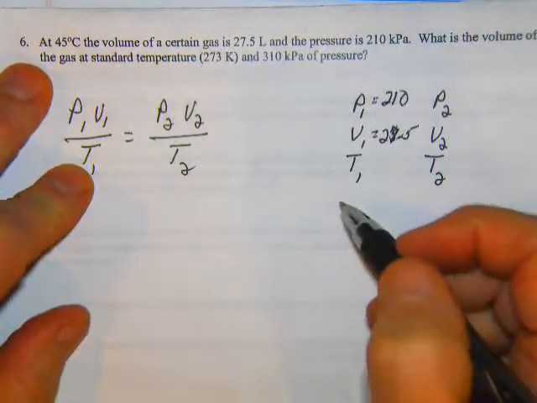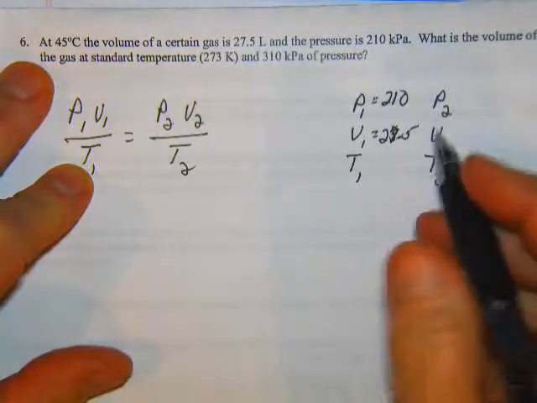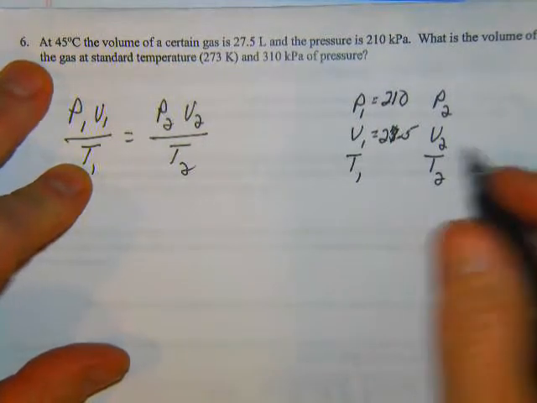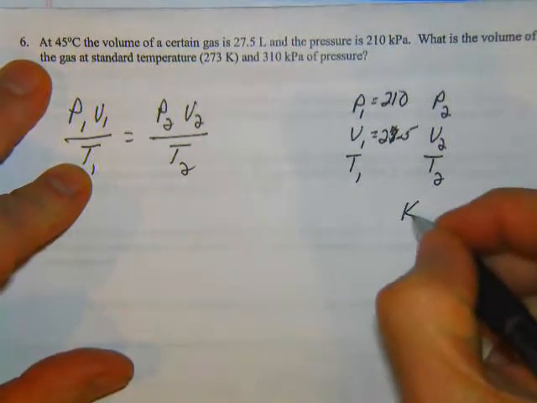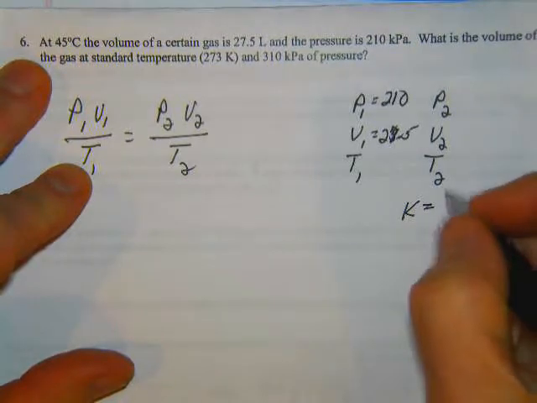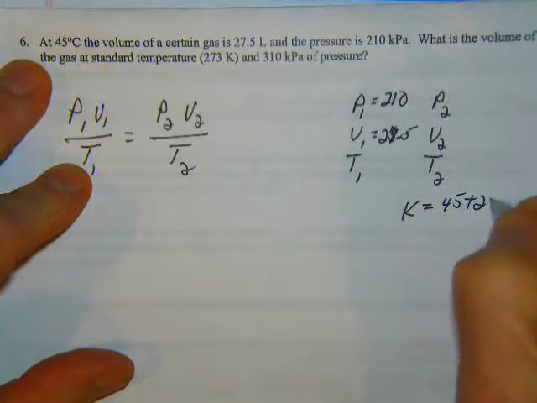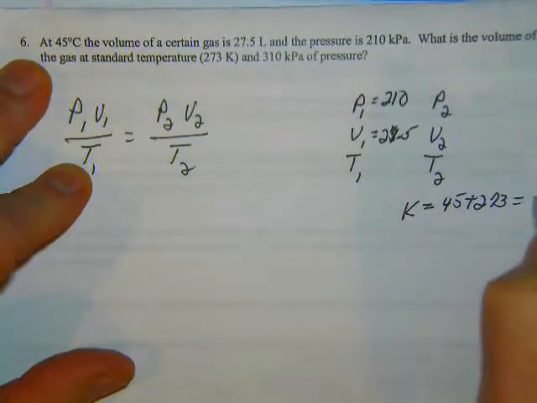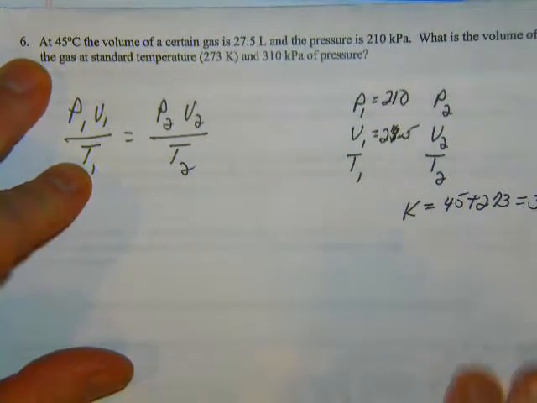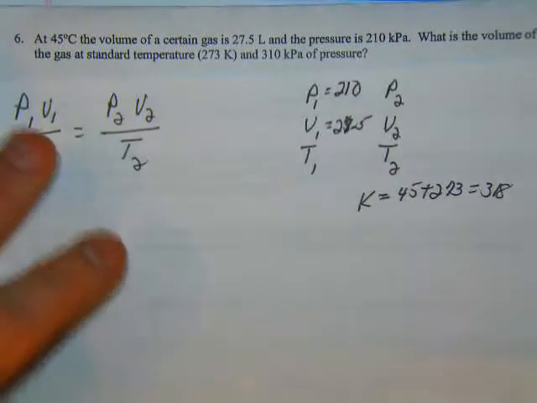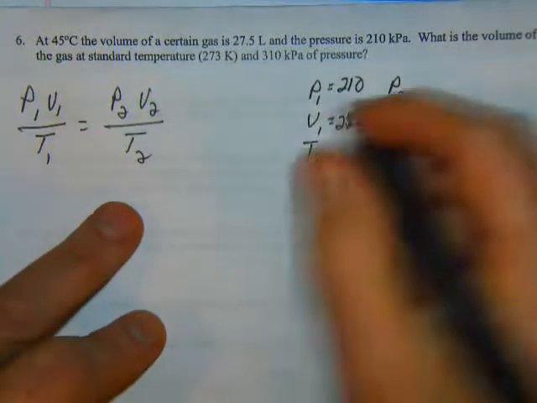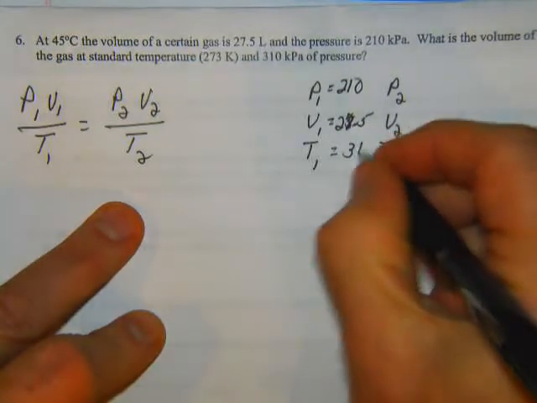Now, temperature is 45 C, so we have to change that to Kelvin. Kelvin equals the Celsius, which is 45, plus 273, so that equals 318. So temperature 1 is 318.